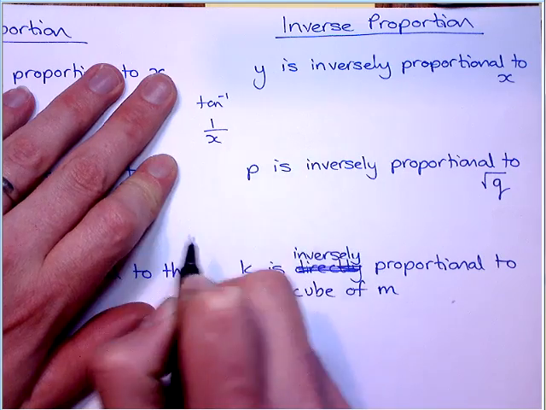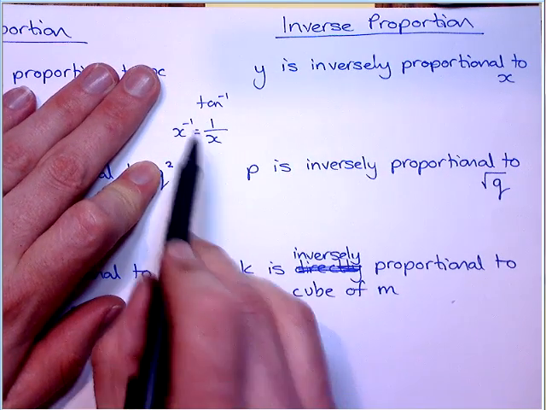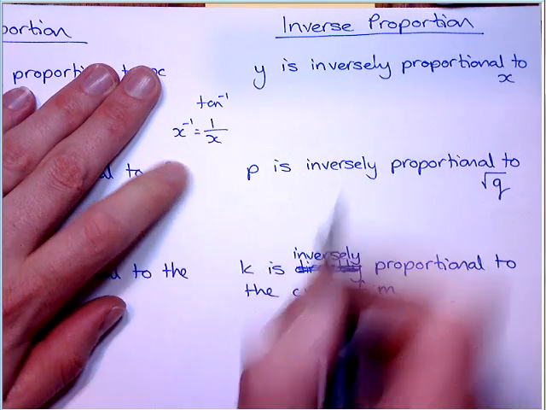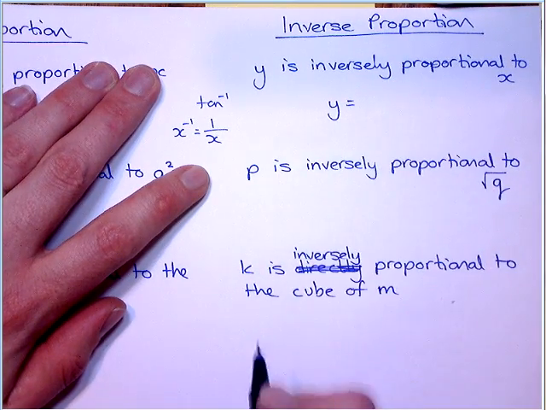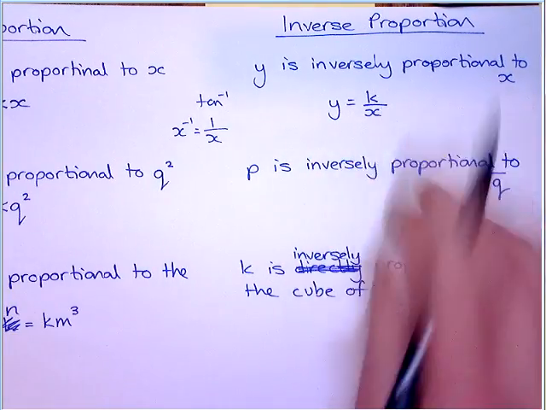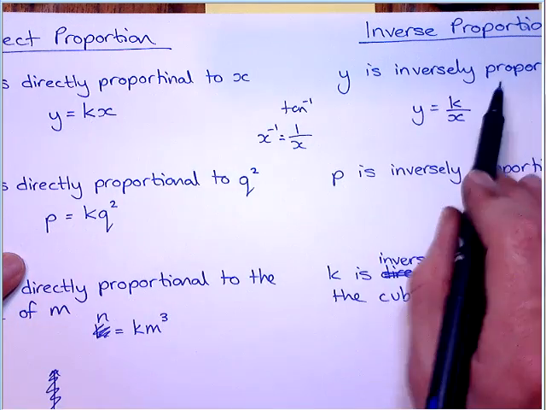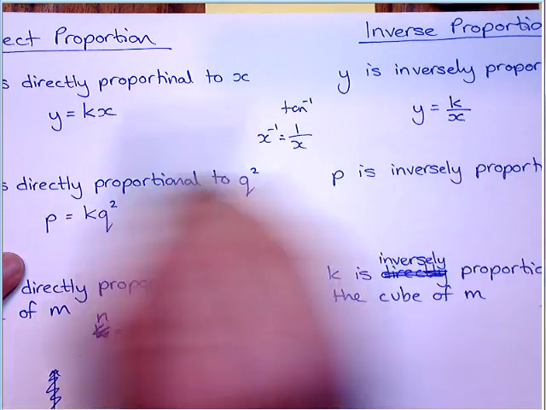So when it's the inverse, we normally associate it with this 1 over. And that's exactly what happens here. So y is inversely proportional to x, we put k over x. When it was directly proportional, it was kx on the same line. When it was inversely proportional, it's k over. And they're the two things you've got to remember, basically.